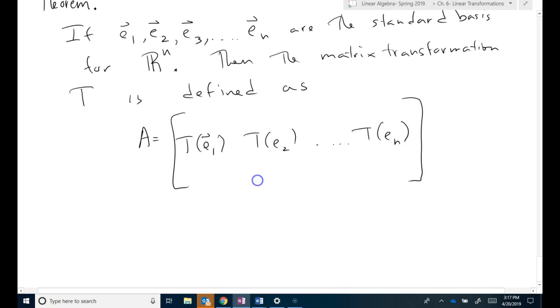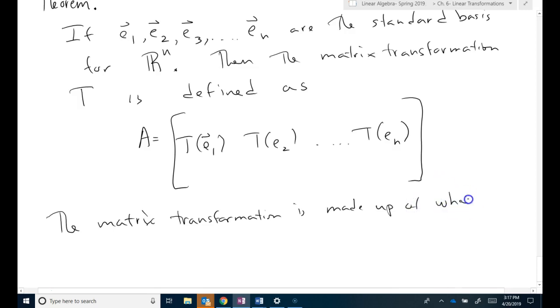So what is this saying? This is basically saying the matrix transformation is made up of what happens to the standard basis under the transformation.